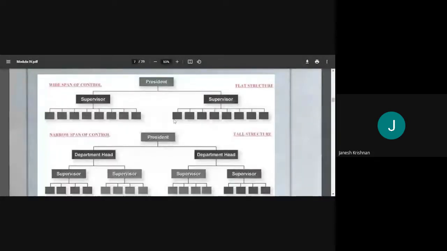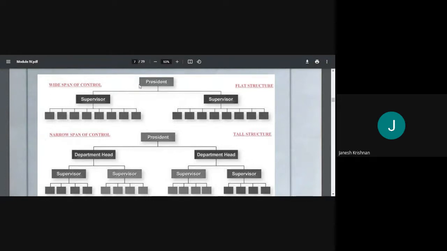Now look into this figure. In the first figure, we have a supervisor, in the first wide span of control.